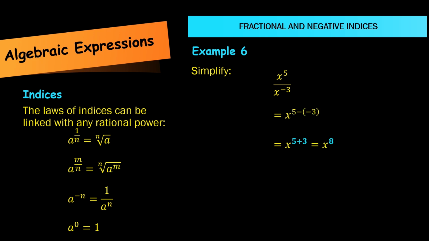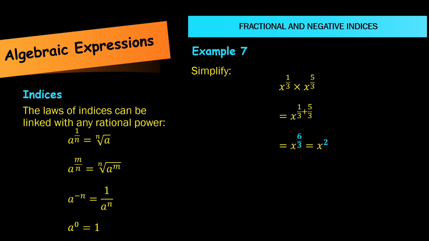Now for the next example, simplify x to the 1/3 times x to the 5/3. We can simply add the indices as the base is the same. So we have x to the 1/3 plus 5/3, which equals x to the 6/3, which is of course equal to x to the power 2.